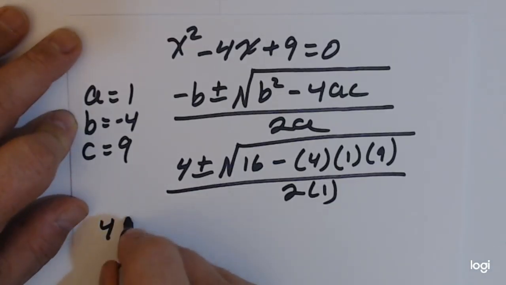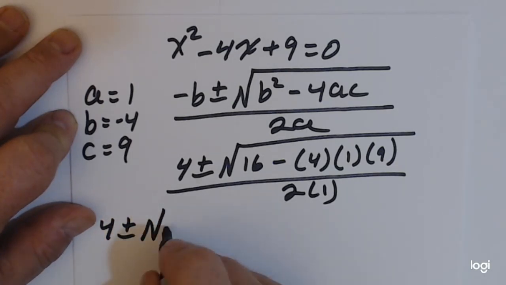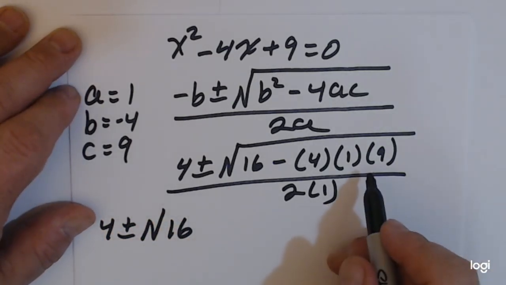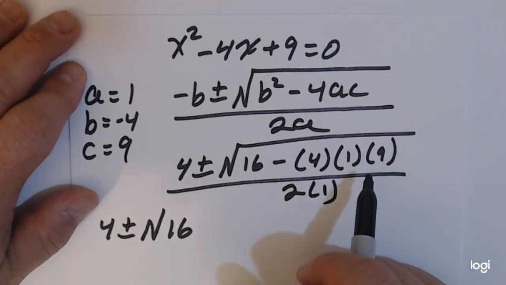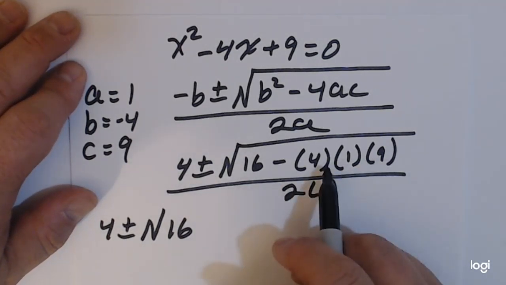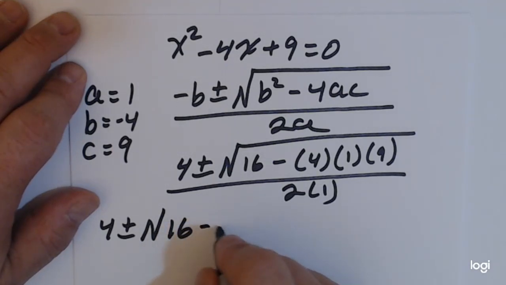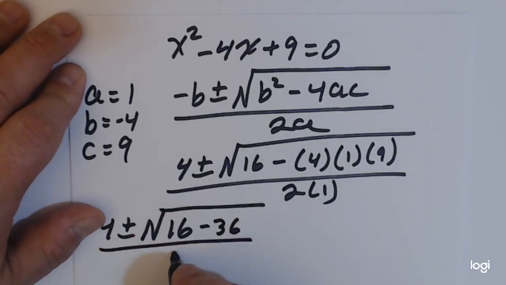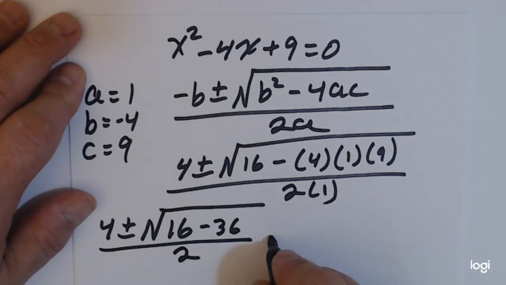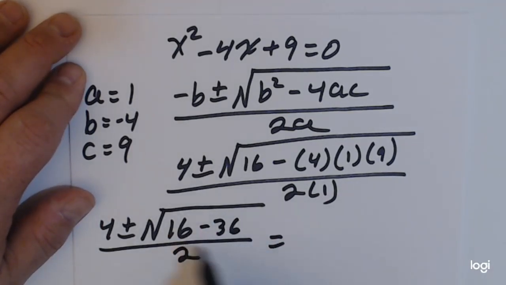All over 2 times 1. So we get 4 plus or minus the square root of 16. Well, here we go. 16 minus 9 times 4 is 36, so it's 16 minus 36, all over 2. As you can see, we're going to be negative under the radical.